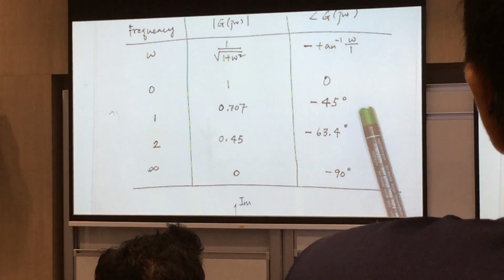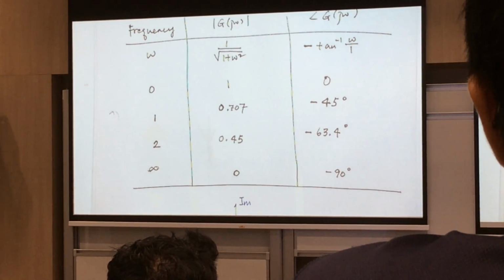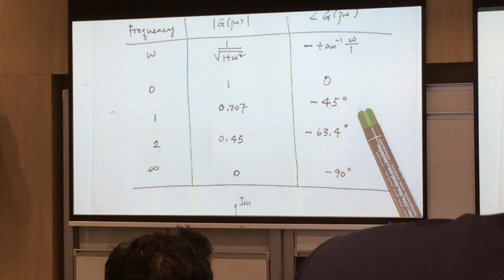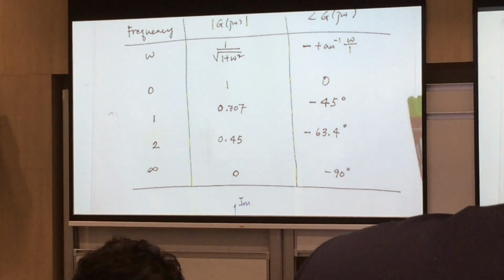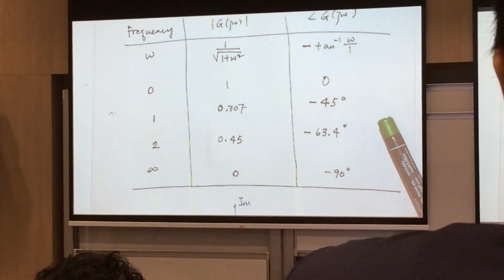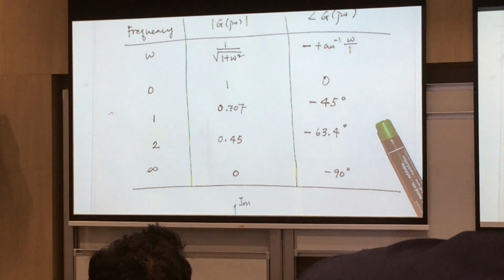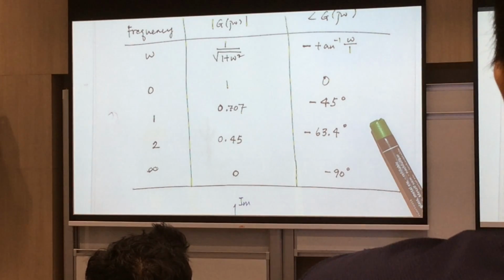At this point in time, I need to tell you, don't be surprised. Go home and check that you really know how to use a calculator. I have had cases where people tell me that instead of minus 45, they get minus 1.2 or minus 0.4, but they are calculating in radians, not degrees.